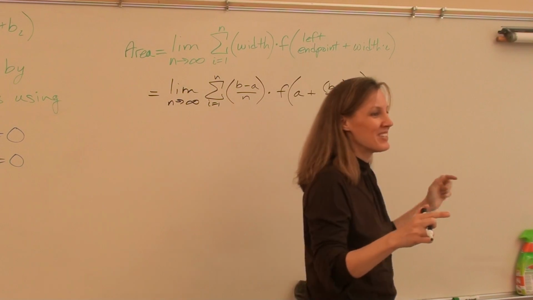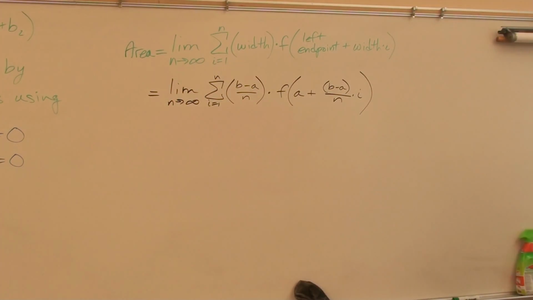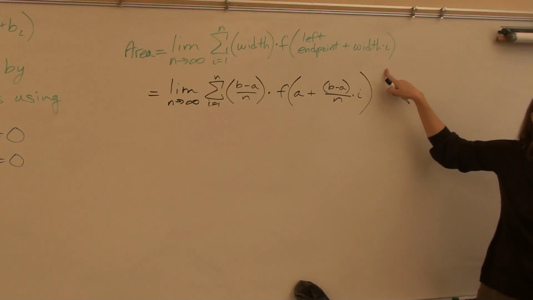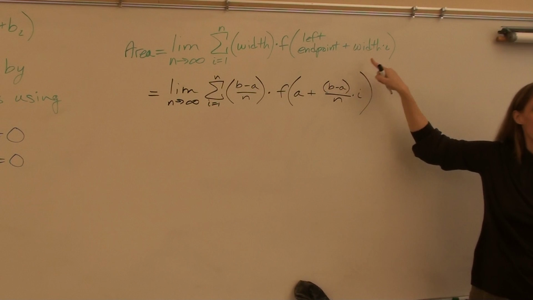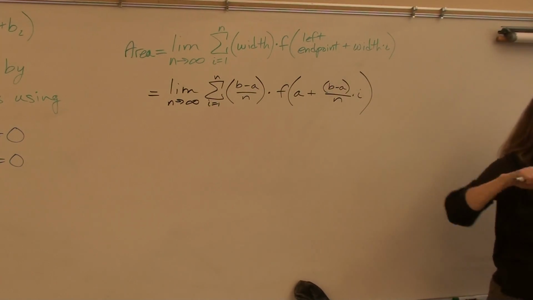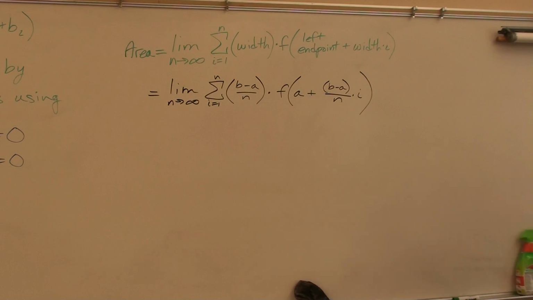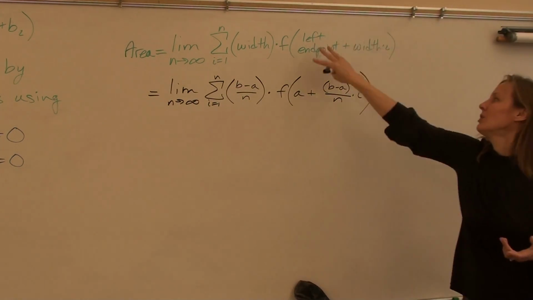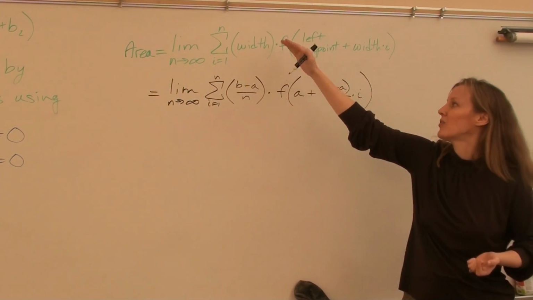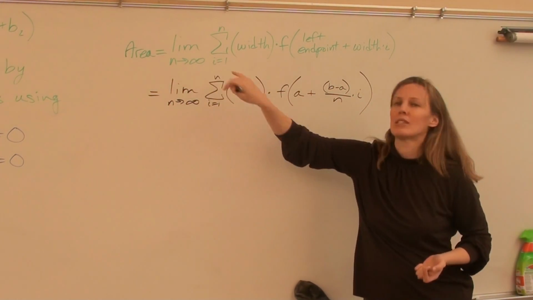So if you say to yourself, left endpoint plus width times I, left endpoint plus width times I, right? Everybody say it. Left endpoint plus width times I. Once you kind of get that, that's the only part of the formula that gets confusing. Everything else just times the width, right? Plug it in the function times the width, limit of the sum of that.